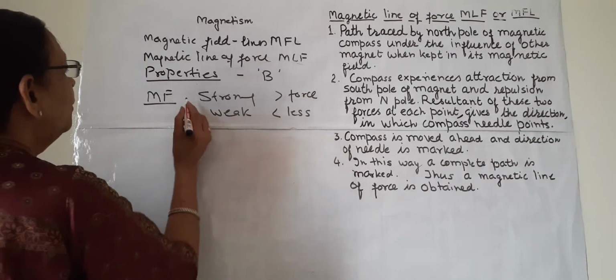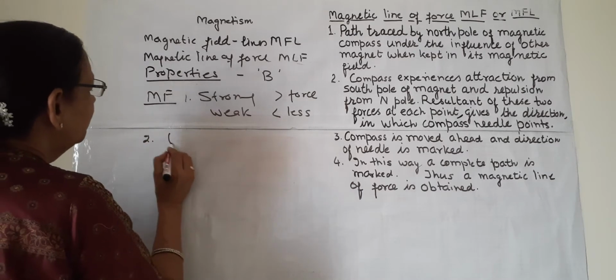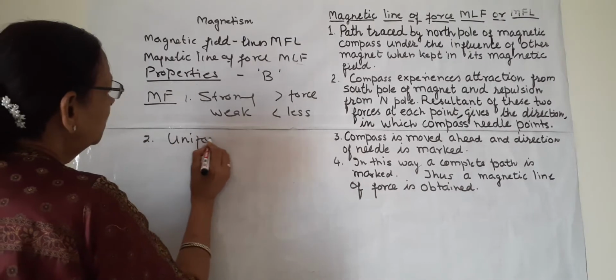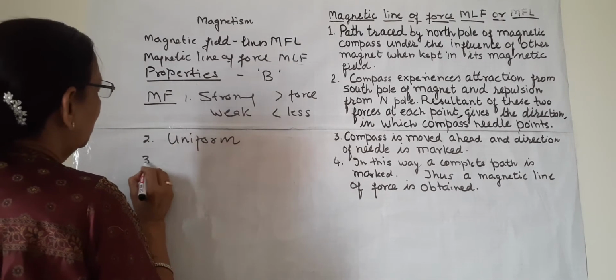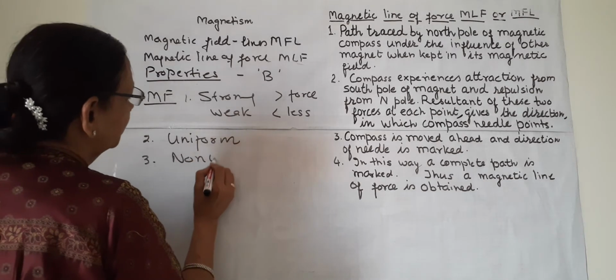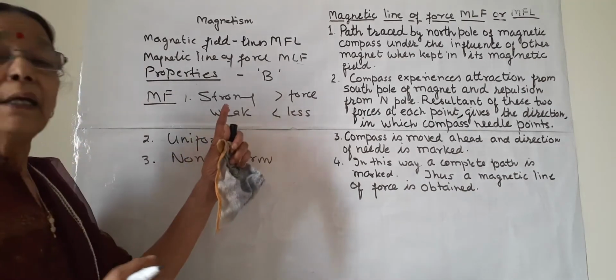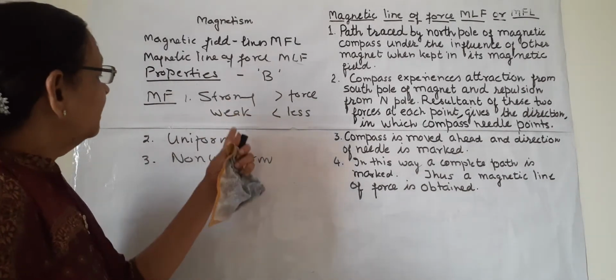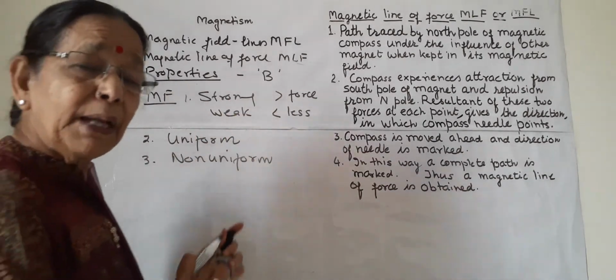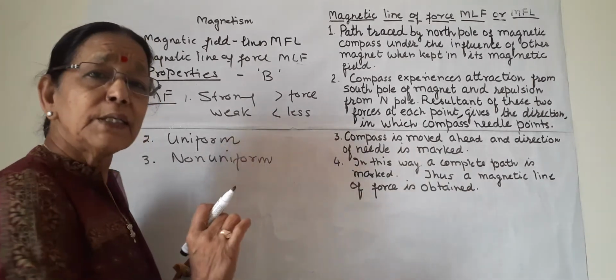Then one more, the magnetic field can be uniform or non-uniform. So again, if the force by the magnetic field is the same at all the points, it is known as uniform.